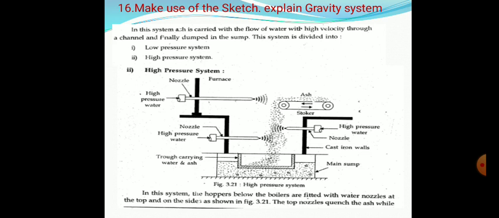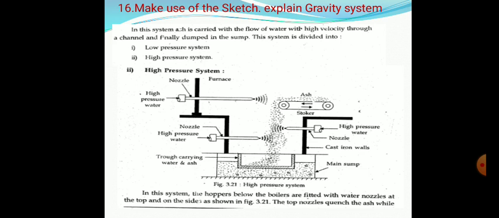So it consists of high pressure water nozzle, furnace nozzle, high pressure water ash stroker, high pressure water nozzle, cast iron walls, main sump, trough carrying water and ash. In this system, the hoppers below the boilers are fitted with water nozzles at the top and on the sides as shown in figure.